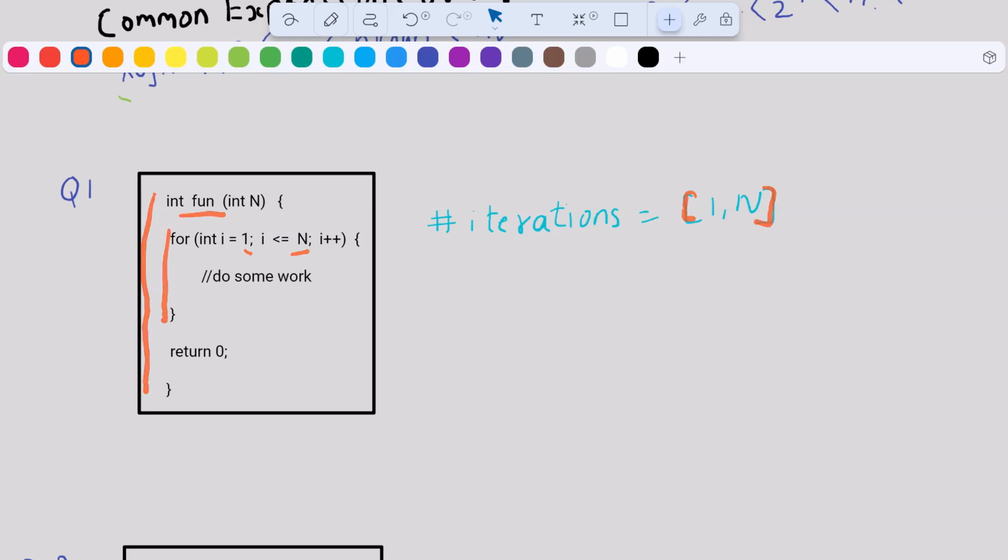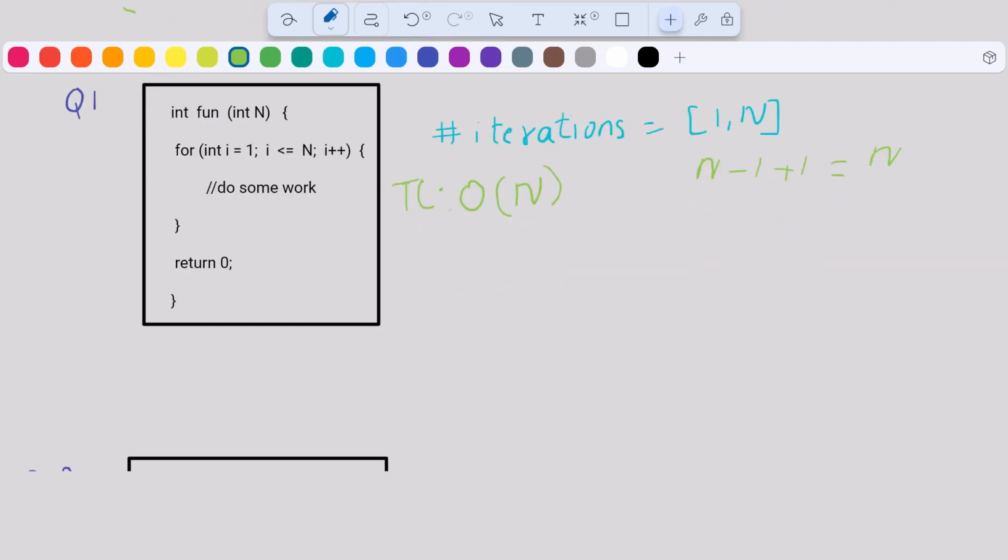So within this, the number of iterations will be n minus 1 plus 1, so it will be n only. So there are n iterations in this method. So what is the time complexity for this? Time complexity will be order of n. Okay, so this was a simple example.